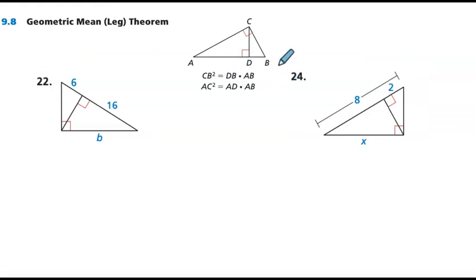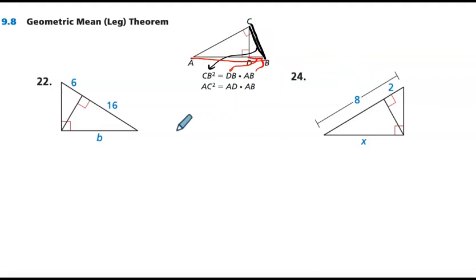Alright, so now they're saying, before we were talking about the altitude, CD squared equals AD times BD. Now they're referring to a leg, and they're saying the leg CB squared is equal to the shorter leg times the whole longer leg there.